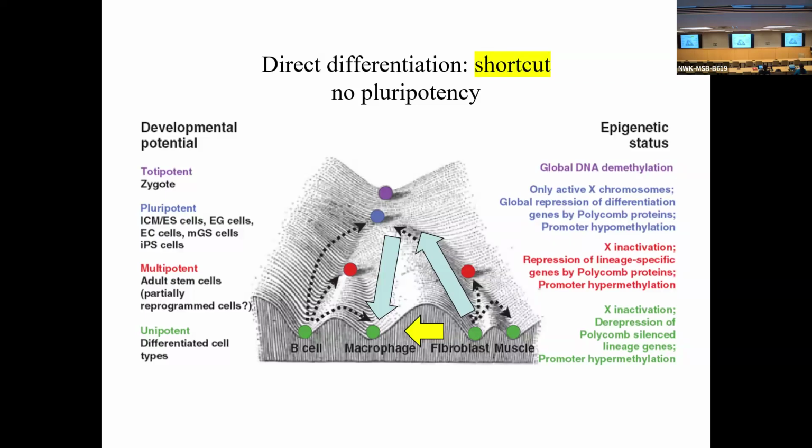These investigators use cardiogenic factors, important for cardiogenesis during development, to force a fibroblast into cardiac myocyte, right? And they had a battery of factors, and they started removing one by one to get three main cardiogenic factors to convert the fibroblast into a cardiac myocyte in this shortcut. So that's the concept of transdifferentiation or direct differentiation. Same thing.